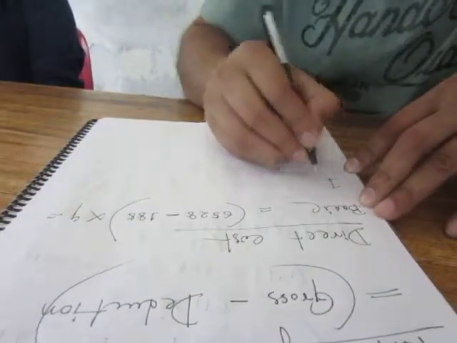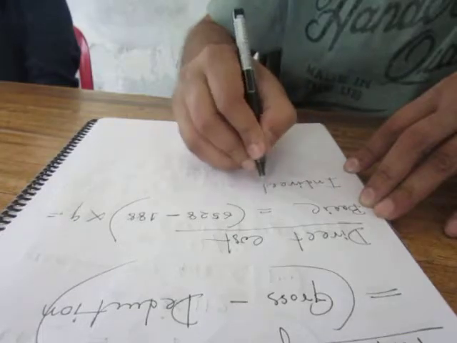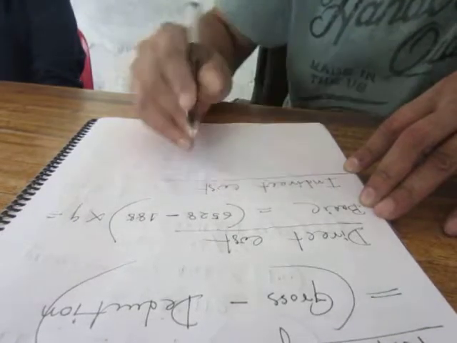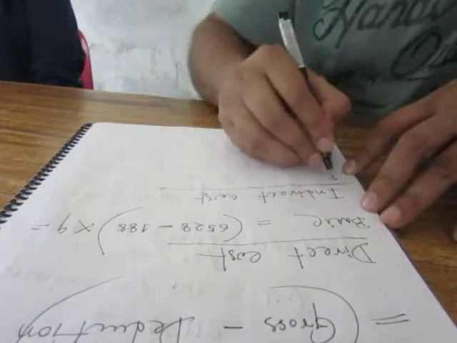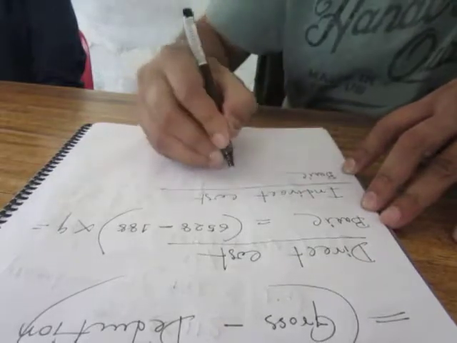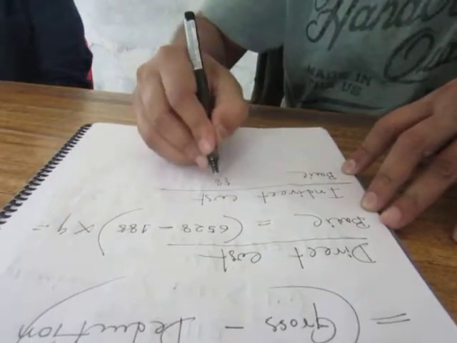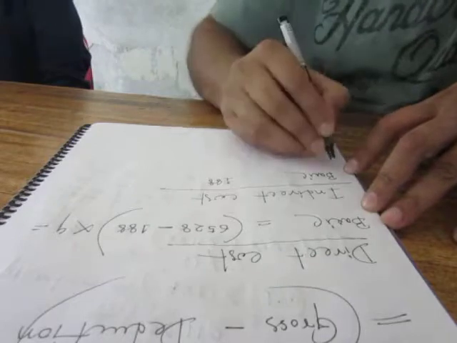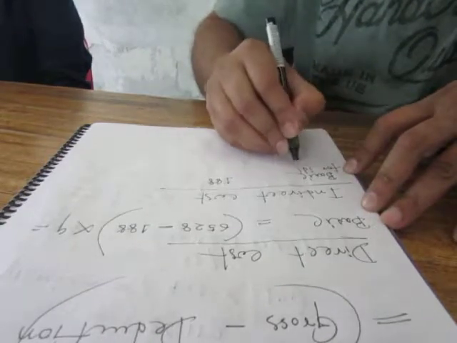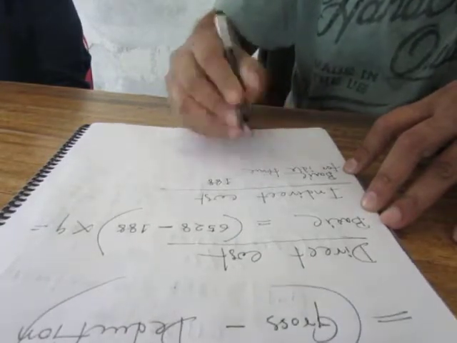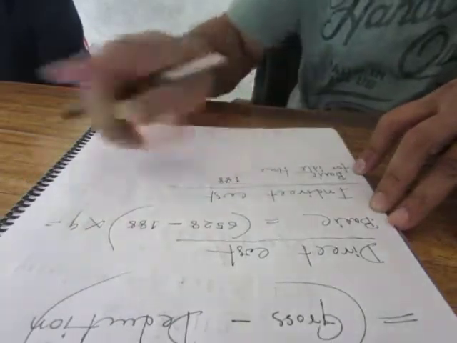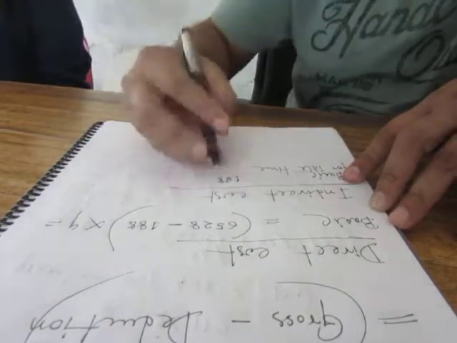Then come to indirect. First of all, basic for this idle time of 188 hours. This amount of basic will obviously be indirect cost.